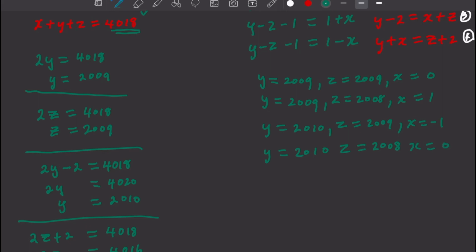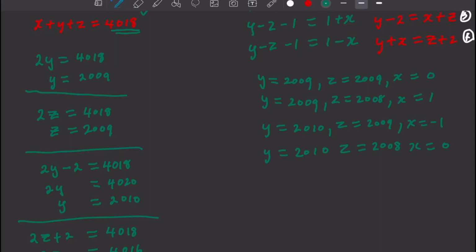Now, this is a Maths Olympiad question. You're not going to have any calculators. You're going to have to check that these values satisfy x squared plus y squared plus z squared equals 2 times, in brackets, y z plus 1 close bracket.